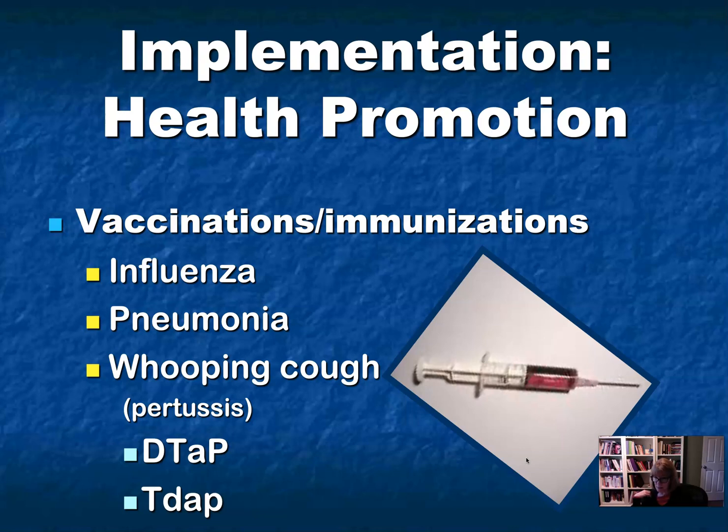Another vaccine that's important is whooping cough, or the pertussis vaccine. When it comes to looking at that, the DTaP, which is the diphtheria, tetanus, pertussis combination, is for children 0 to 7, and the Tdap is for people 11 to 64.